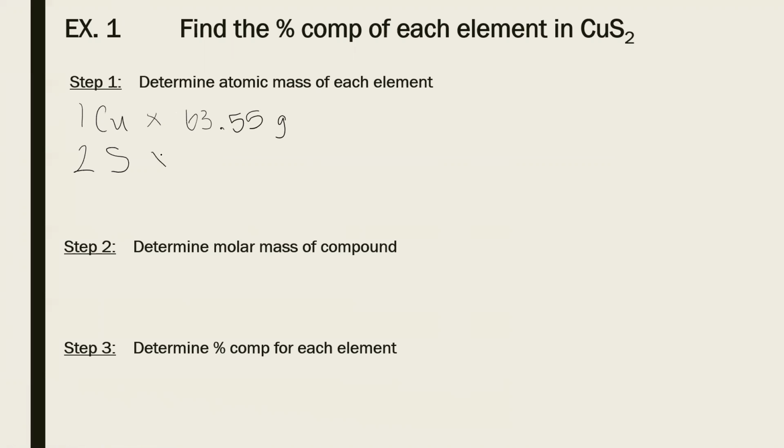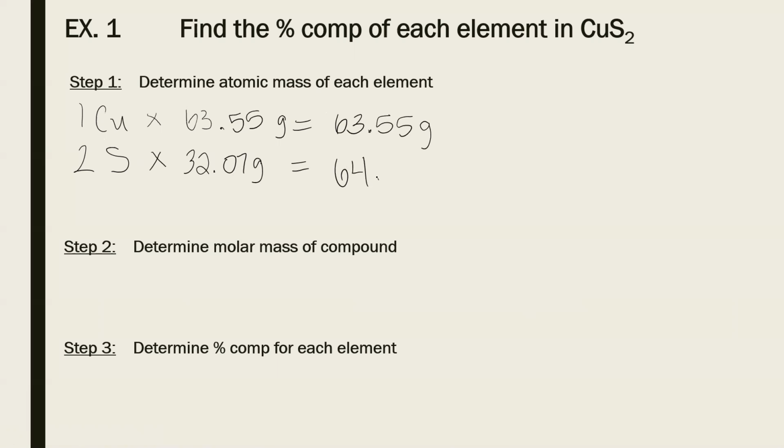And 1 sulfur is about 32.07 grams. Okay? If I take my 1 copper times its atomic mass, I get the same number. And then I have 2 sulfurs times the mass of 1, I get 64.14.